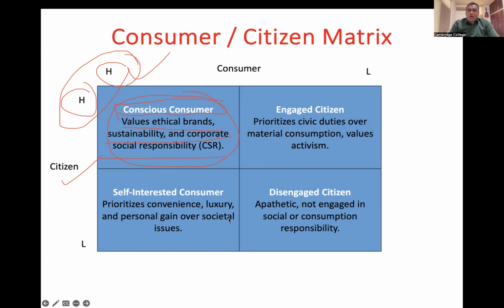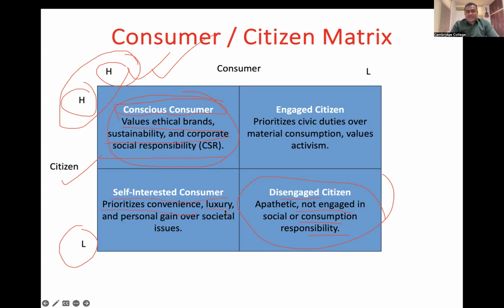Then low is you as a citizen, you are disengaged. And as a consumer, you don't really care about the environment. Apathetic, not engaged in social or consumption responsibility. Low and low. Then as a citizen, you are not so concerned, but as a consumer, you are concerned. Consumer high, citizen low. That is a self-interested consumer.